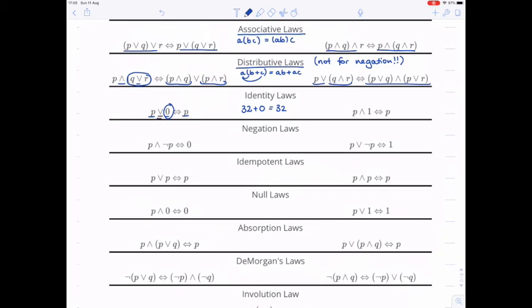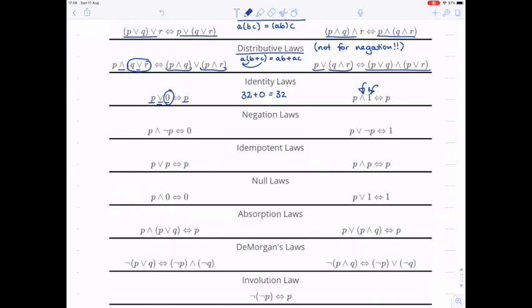When you're dealing with an and, on the other hand, 1, or true, acts like 1 in multiplication. So you'll see that this is kind of building up an idea that or is sort of a bit like addition, whereas and acts a little bit like multiplication.